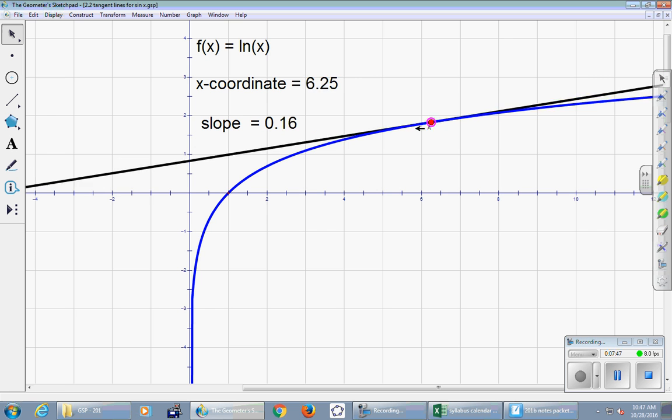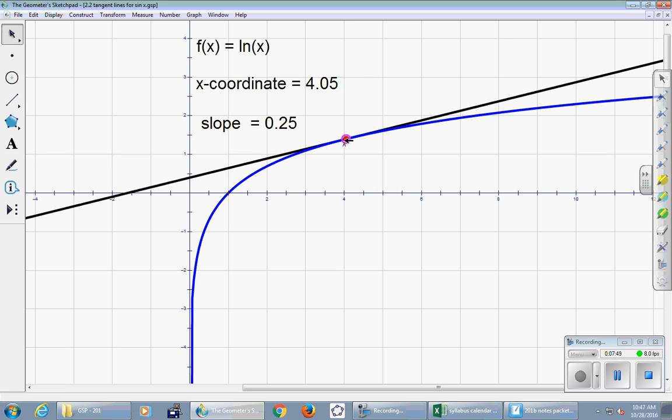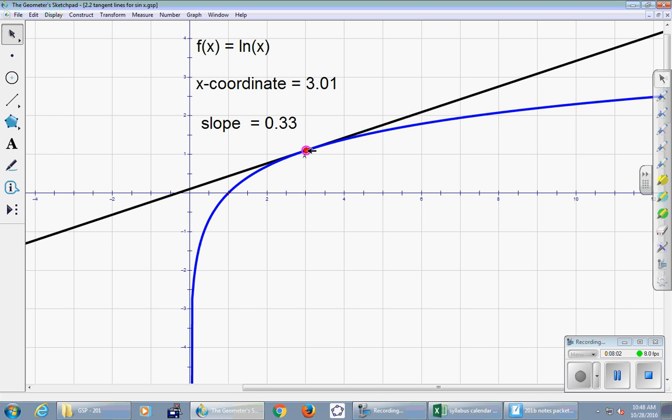So if I bring this guy over here and I move it to 4, somewhere like that, what's the slope? 1 over 4. If I went to x equals 3, what would the slope be? 1 over 3. And so I bring it to x equals 3, somewhere like that, that's close enough. 1/3 is that slope.